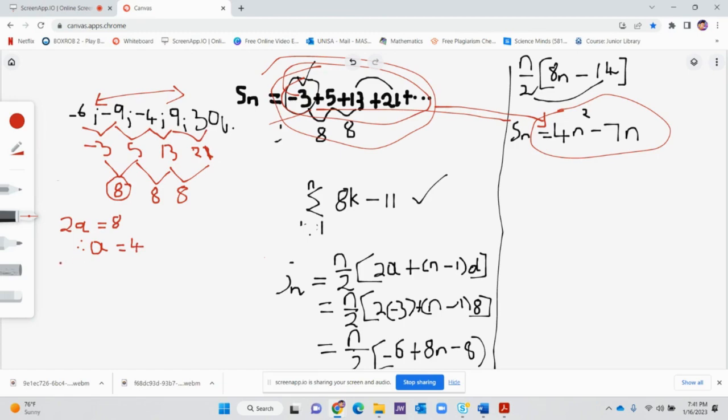And the next one is 3a plus b is equal to the first difference, which is minus 3. So we have 3 times 4, our a, plus b equals minus 3.